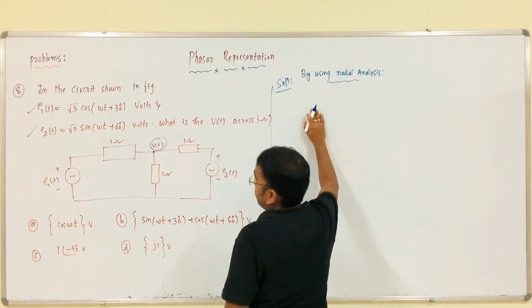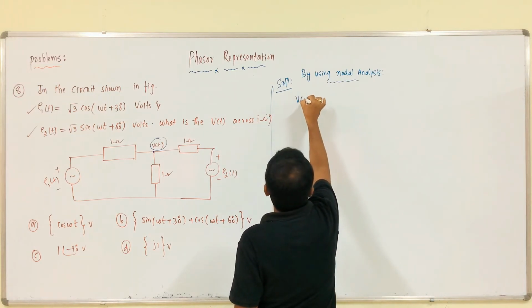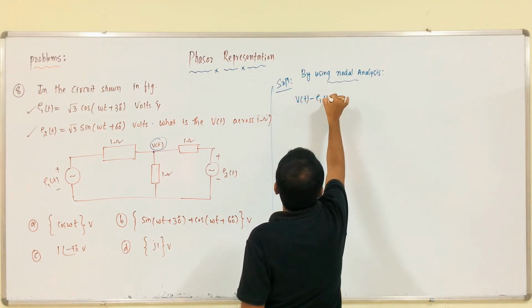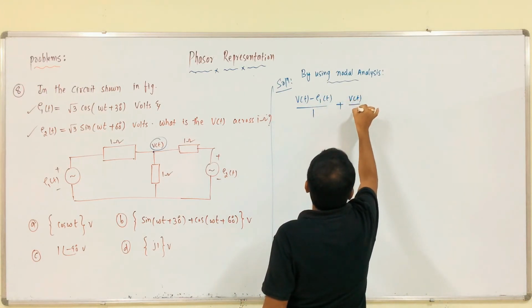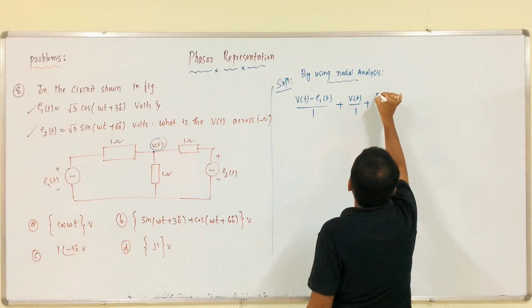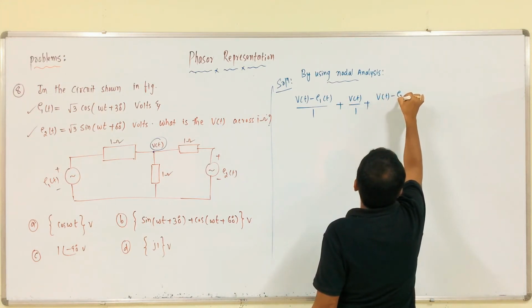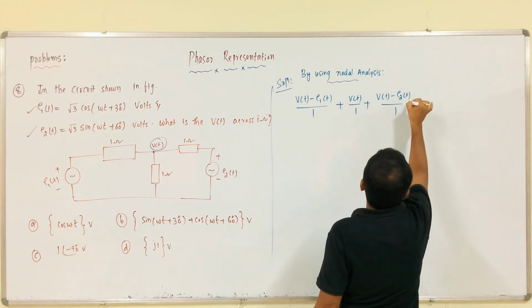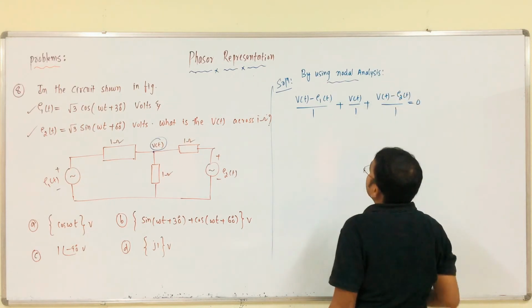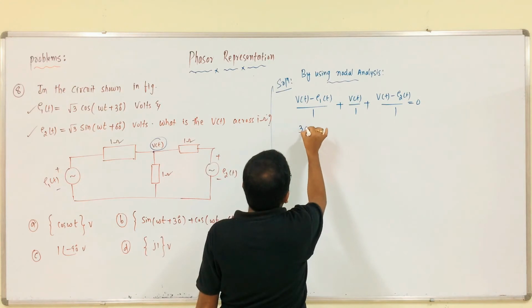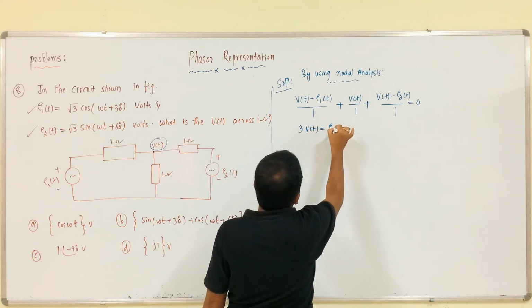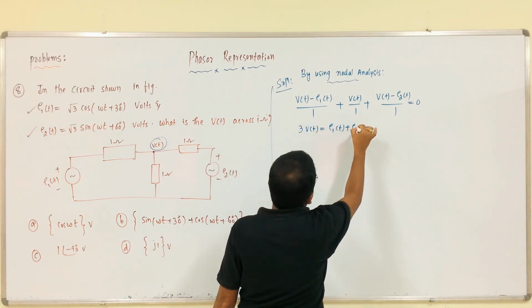That is, (V of t minus E1 of t) by 1 plus V of t by 1 plus (V of t minus E2 of t) by 1 equals 0. So, from this, 3 V of t equals E1 of t plus E2 of t.